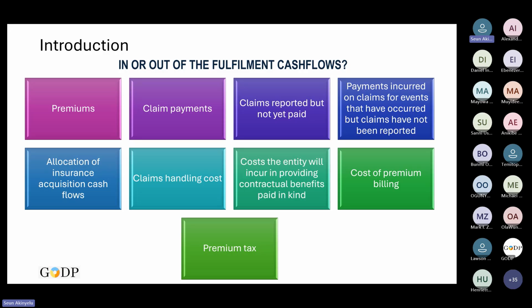If it is directly attributable to it, it will be in. Cost of premium billing: if you can allocate the cost of your premium billing for motor insurance separately, then it will be in. If you cannot, then it will not be in. Premium tax, in or out? It should be in.